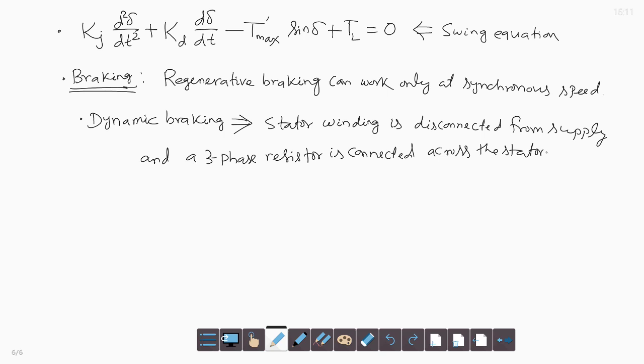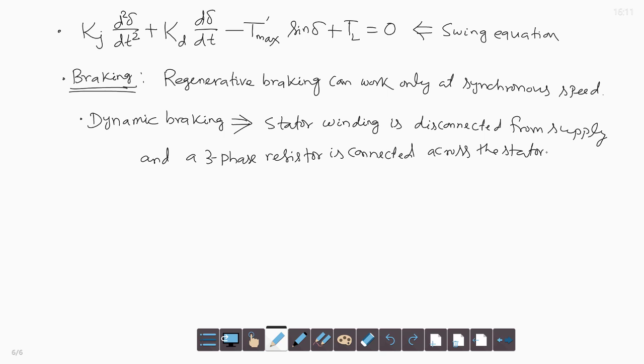So, in that case, because there is no supply, there is no synchronous rotating field, and no stator MMF. Because of the rotor rotation, there will be induced EMF in the stator winding, which produces a current, and that current circulates in the resistance and is dissipated as heat.